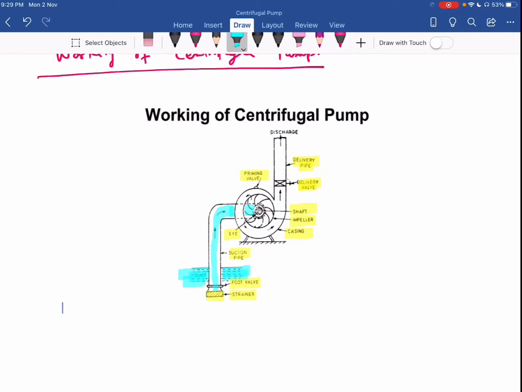So the water enters the impeller through the eye of the pump, a passage along the shaft at the center of the impeller, and is pushed towards the periphery by the centrifugal force. So when water comes at the center along the shaft, after that it comes in the outward direction.